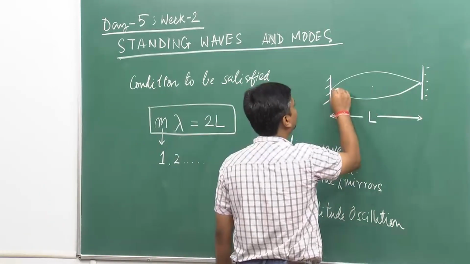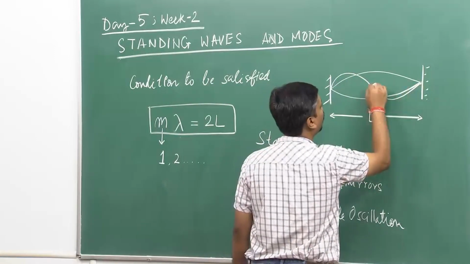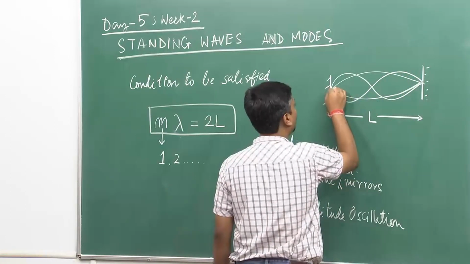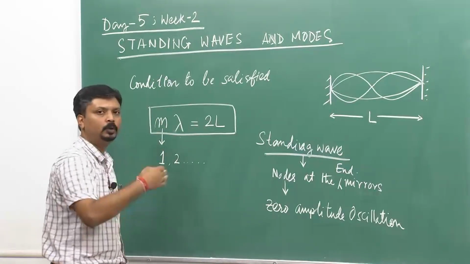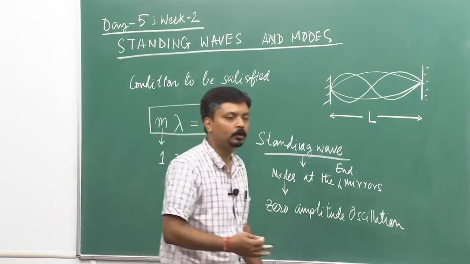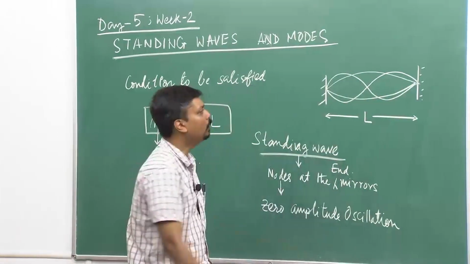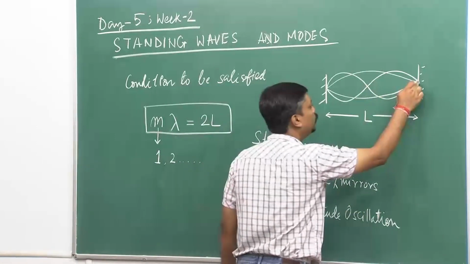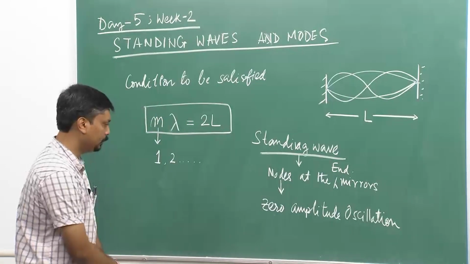You can have it like this. You keep on increasing the m, 2, 3, 4, up to n. There will still be nodes here and also inside, but my primary requirement is that there should be nodes at the end mirrors.